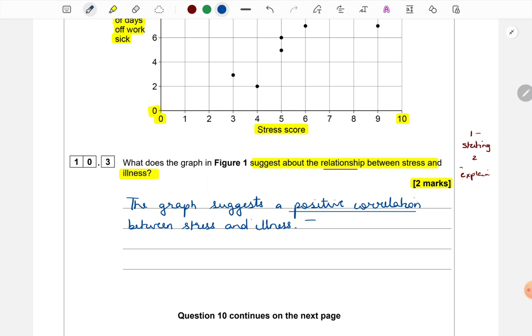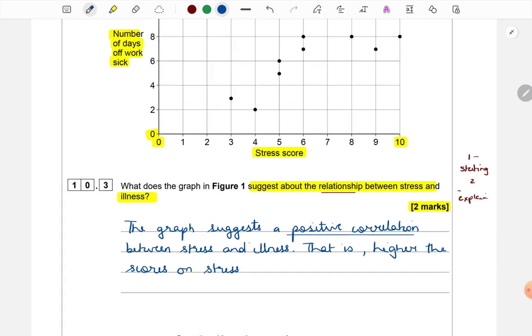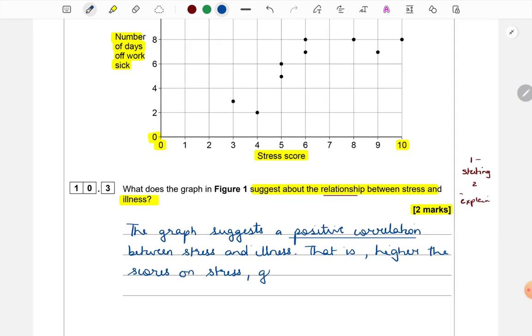That is, higher the scores on stress, greater are the number of days off from work sick.